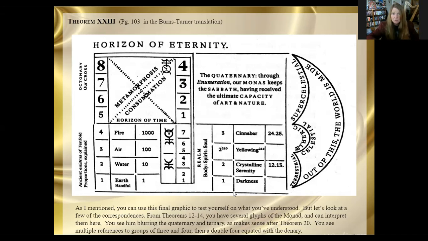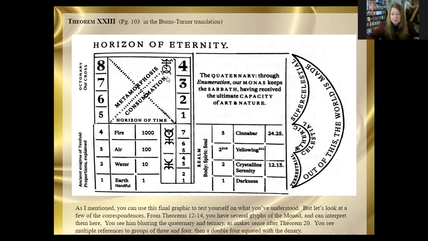But if you flipped it and all of a sudden 1 was up here with Cinnabar, I mean, that would work too if you understand it's a series of transformations he's working with in all of these numerical orders that's going on.